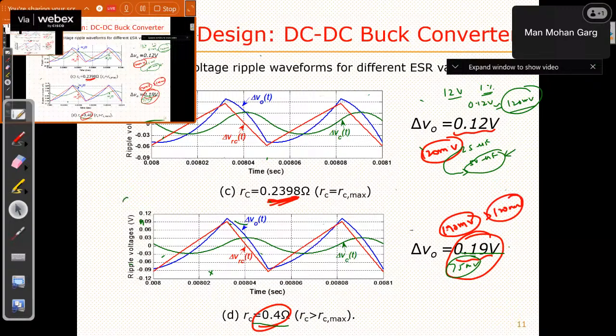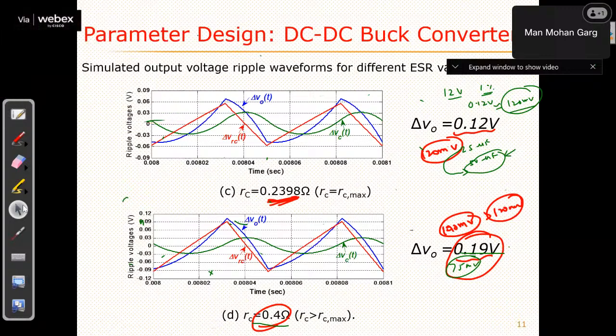It means that is not a better design. The user has said that I need 1% ripple, but you have used components such that it is giving more than 1% ripple. So it is not meeting the criteria. It means we have to redesign. We have to find good capacitors which have low ESR value, then only I will make it. Okay, so that is the case.